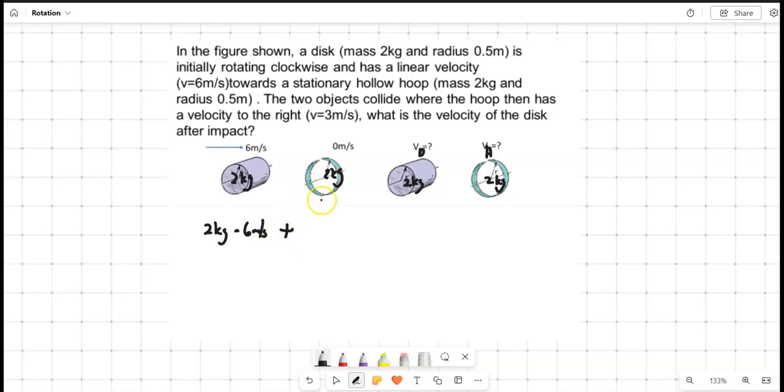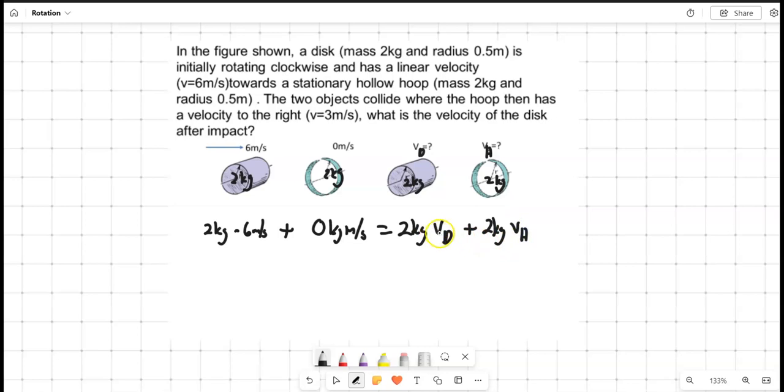We're going to add that to the momentum of the hoop, which is 0 kilogram meters per second. That's going to be equal to the disk's final momentum, which is 2 kilograms times VD, plus 2 kilograms times the velocity of the hoop.